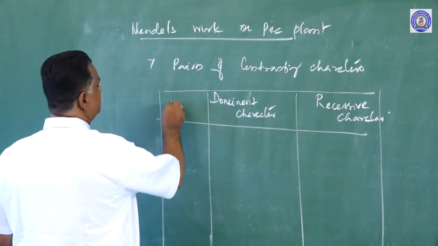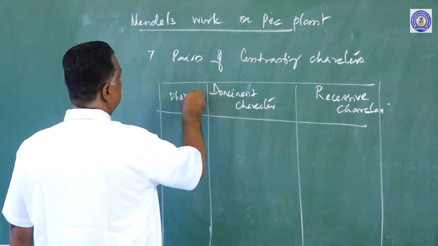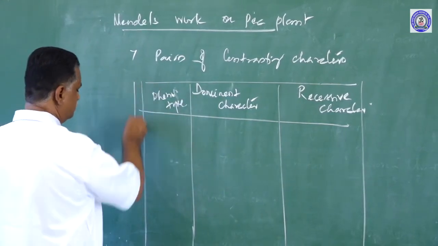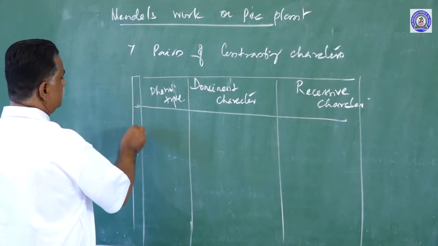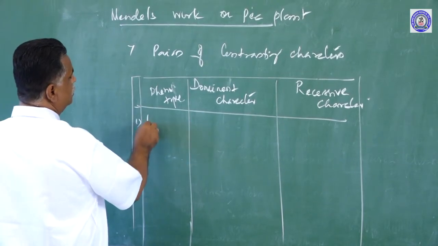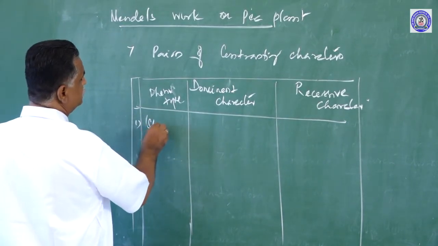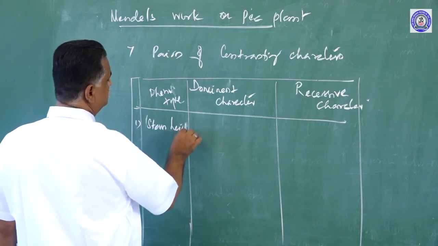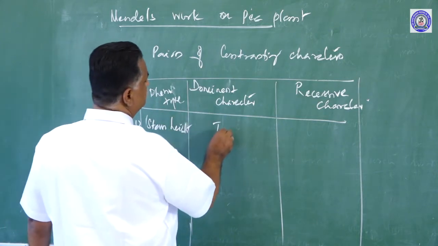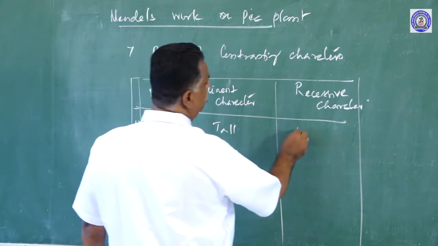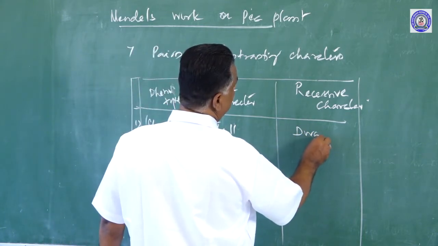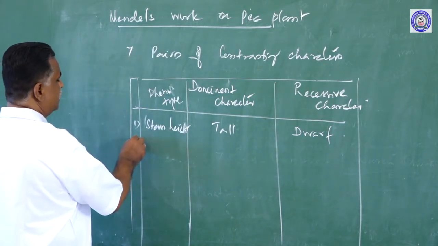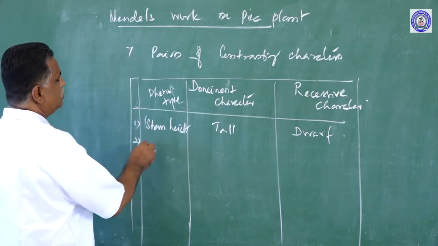What is the phenotype? Number 1, stem height. See, tall is the dominant character, dwarf or short is the recessive character. Second, position of flower.